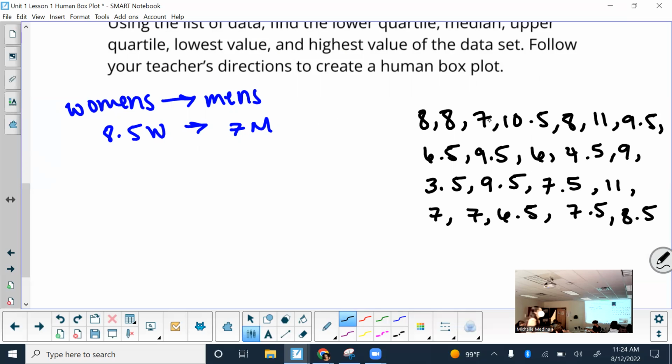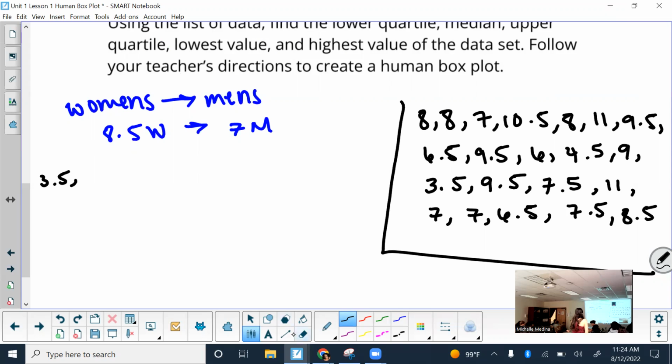Whenever we're making box plots, it's best if our numbers are in order from least to greatest. So if you have some extra room on the other side, you can start reordering them from least to greatest. Find your smallest number, then the next smallest, and then keep going.